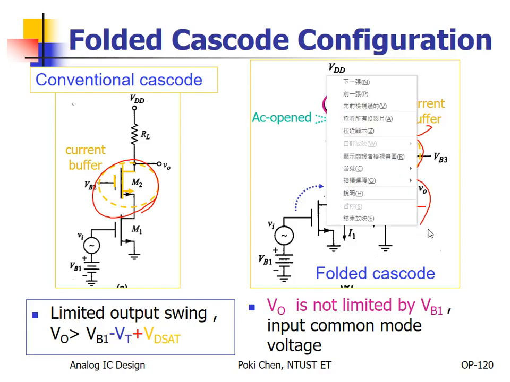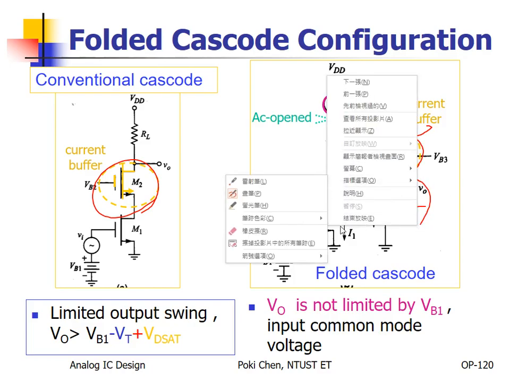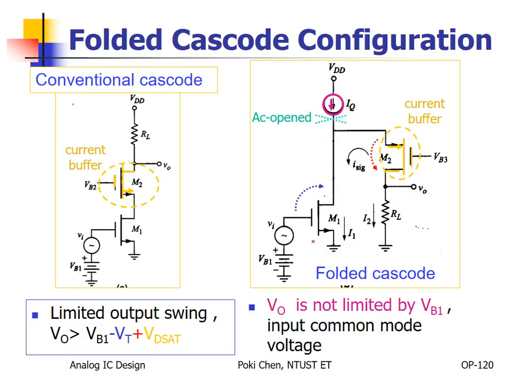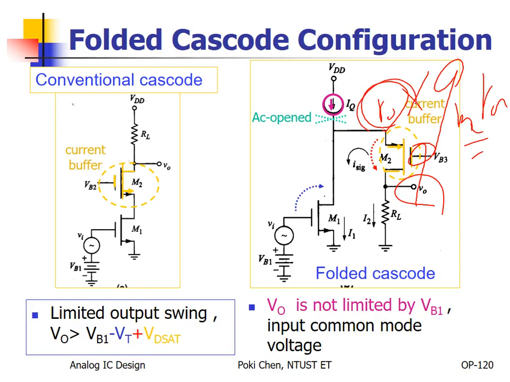And again, if you look back into M2 from VO, you can still see the cascode, because the output resistance here will be multiplied by gm2 and ro2, the same. Okay, the same. Got it? And what is the output resistance here?